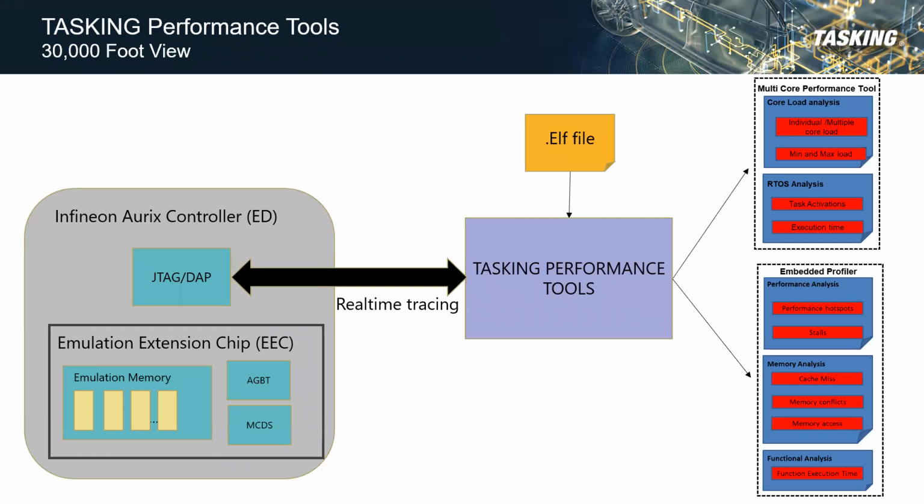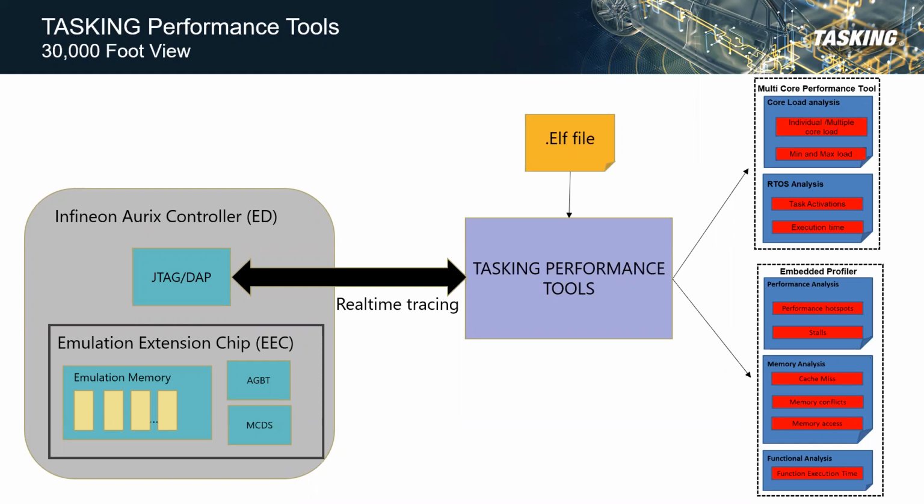By means of memory analysis, you can identify instruction cache misses, data cache misses, memory conflicts, memory access, etc. And by means of functional analysis, you can analyze the function calls as well as the function returns.